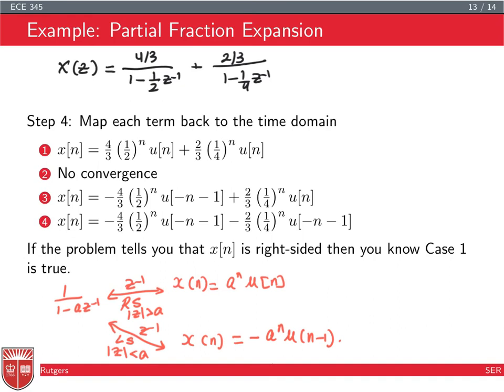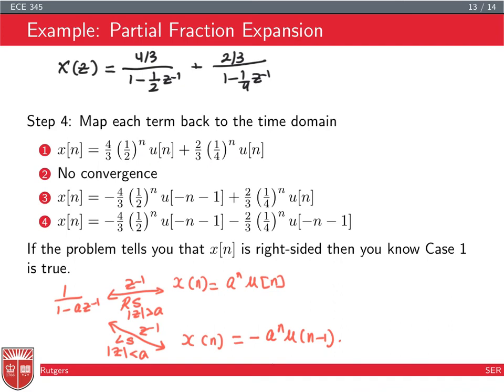So I know that in the first case, it was the case when both signals were right-sided. So the 4/3 stays 4/3, and the inverse of this term is 1/2 to the power n u of n, and this one is 2/3 times 1/4 to the power n u of n.